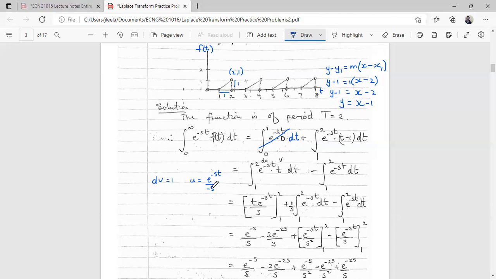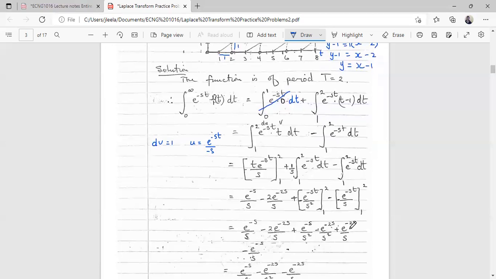You're subtracting this, so you'll have a negative, which will give you a positive 1 over s, which you could pull outside, and that will give you the integral of e to the minus st dt. And then you have to subtract this other integral, which is e to the minus st between 2 and 1.